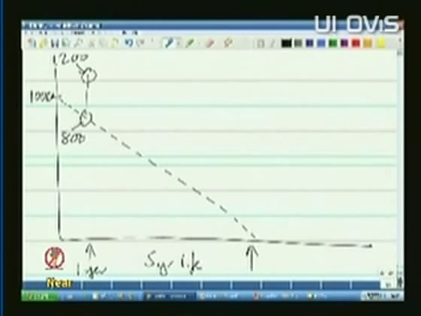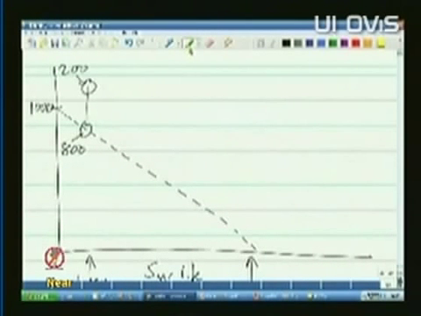Okay, so we know that this point here, the net book value was 800. Okay, so the bit I've just highlighted in yellow, we know that that is 800. We calculated that earlier, and we revalued it up to 1200.